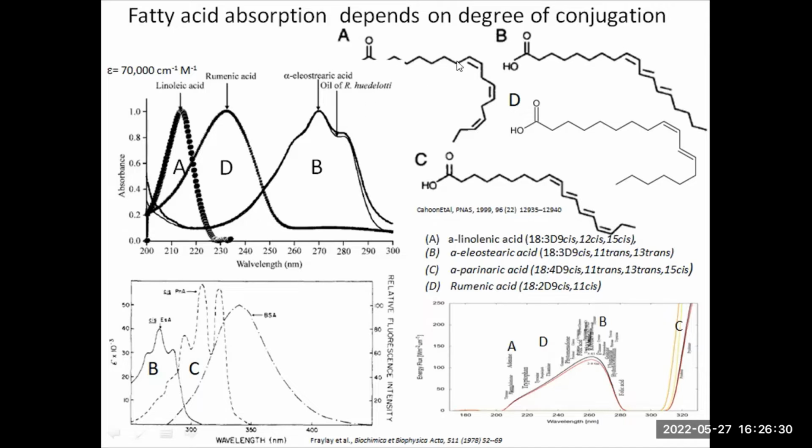For example, in this case, it looks like we have 3 conjugated bonds here, but they are not really conjugated because there are 2 single bonds between them. So there's really only 1 conjugation here. And so with 1 conjugation, this is the case of linoleic acid, you absorb at about 217 nanometers.